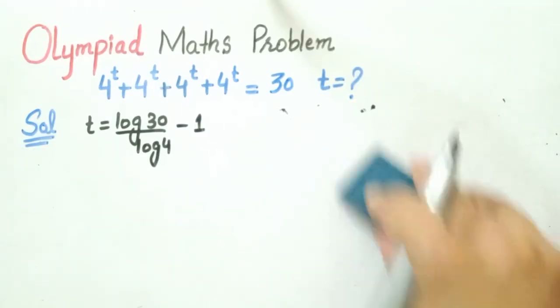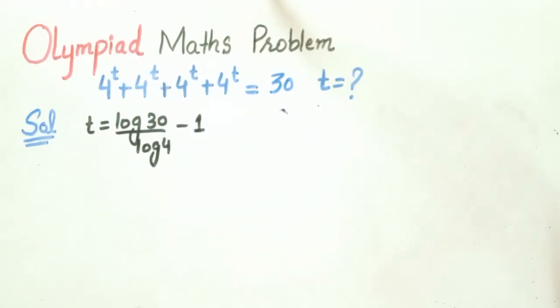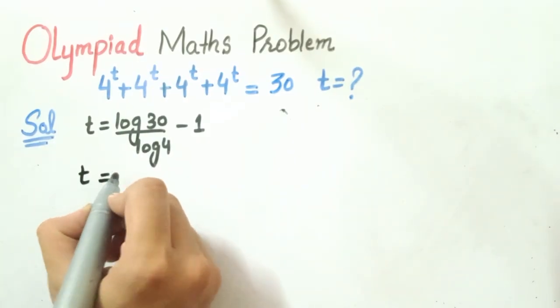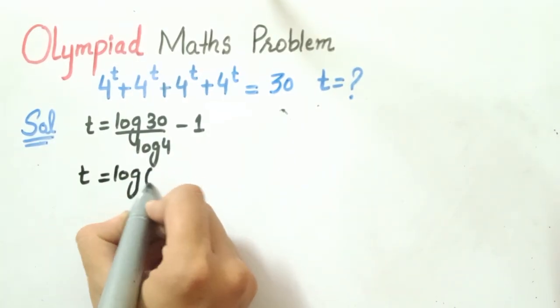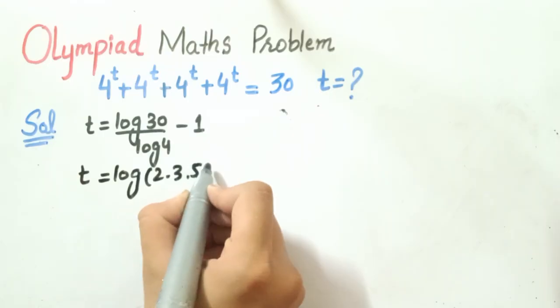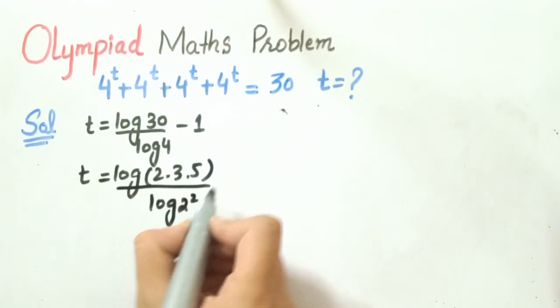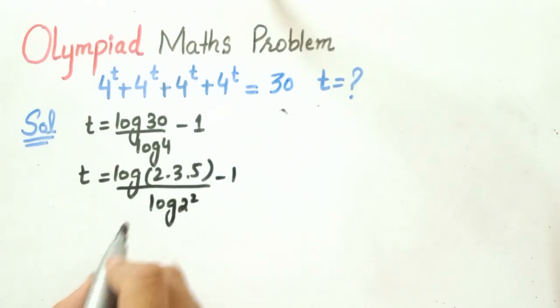Now what will it become? We will solve this as log of 2 times 3 times 5 divided by log of 2 square minus 1.